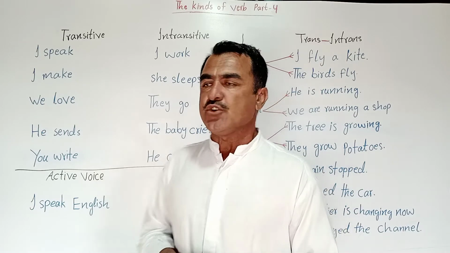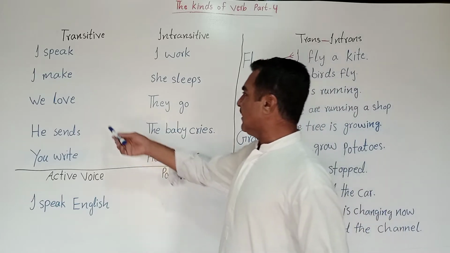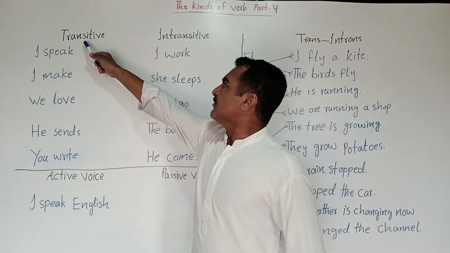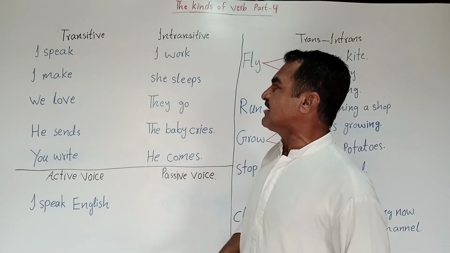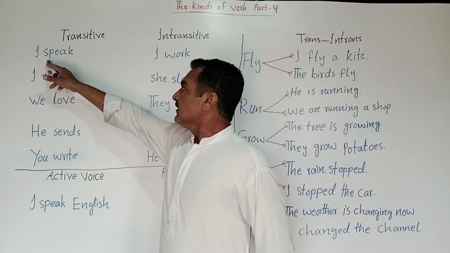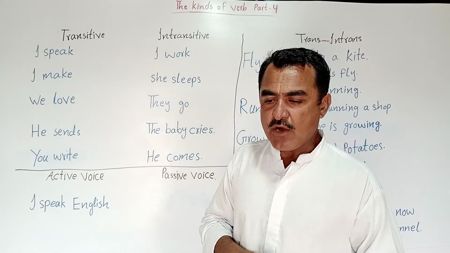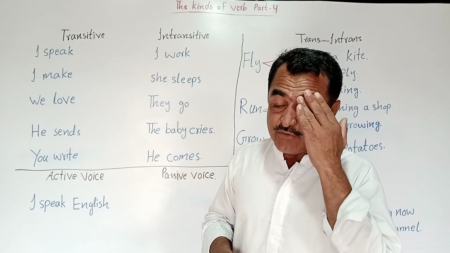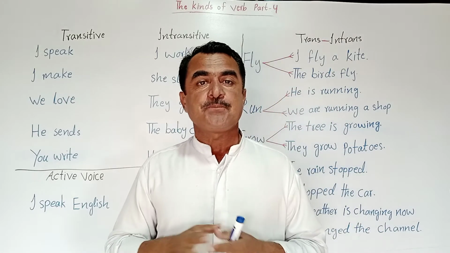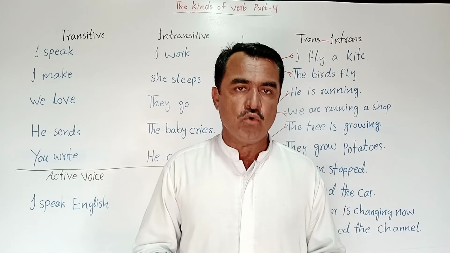So here we will learn about the verbs, this is transitive, this is intransitive. Transitive verbs always answer the questions what and whom or who.